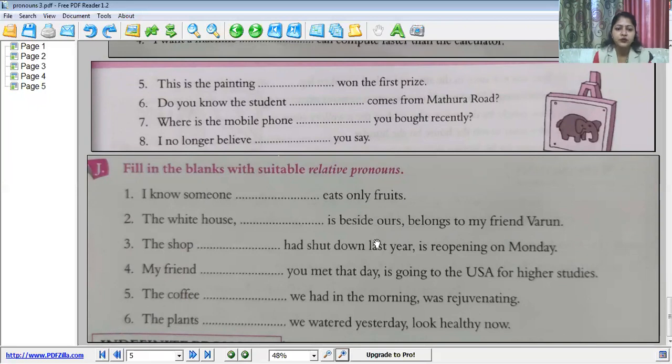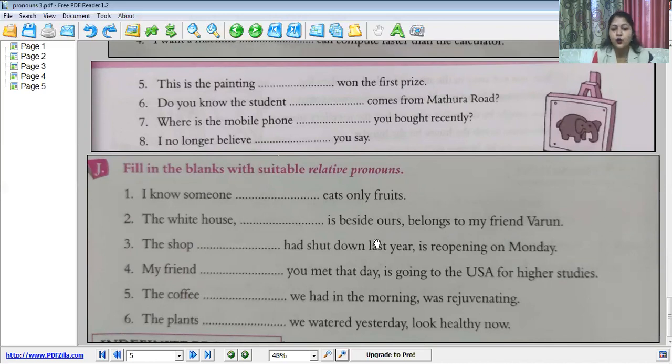The White House, which is beside ours, belongs to my friend Varun. The shop that had shut down last year is reopening on Monday. My friend whom you met that day is going to the USA for higher studies.